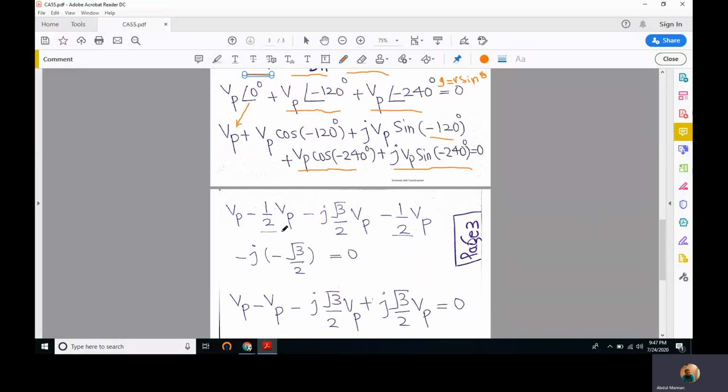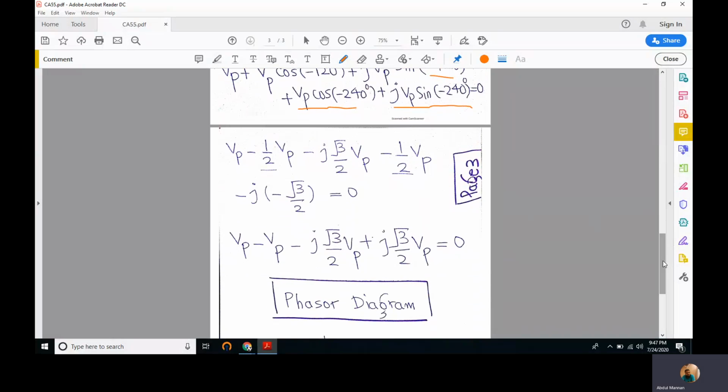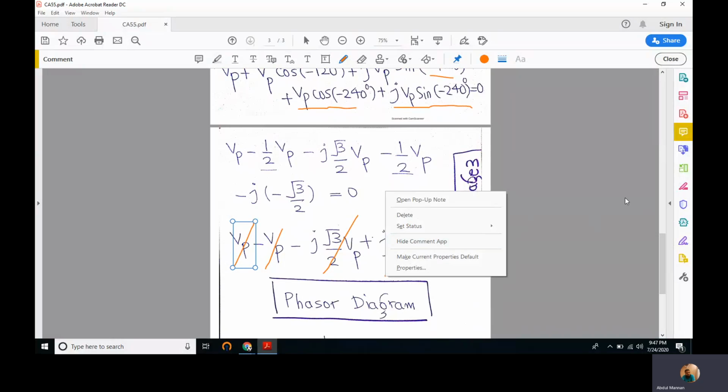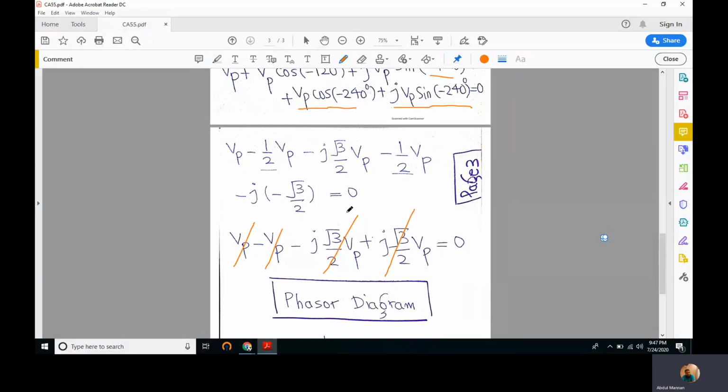Right. So if we add them together, we get 0, because this minus 1 by 2 and this minus 1 by 2 become VP. So they cancel and these two cancel. So the answer is 0. So we can straight away verify that for any given value of VP, 120 or 240 or any other value, the answer is 0.